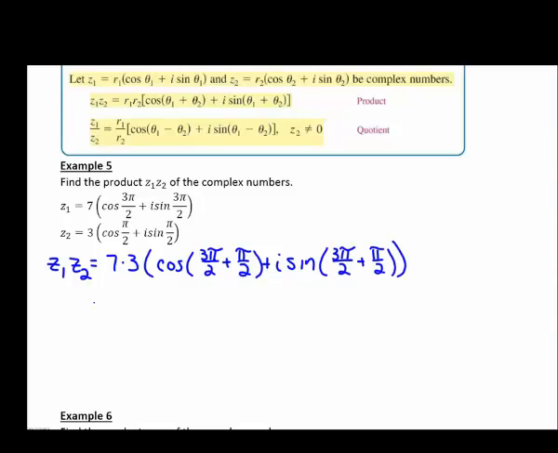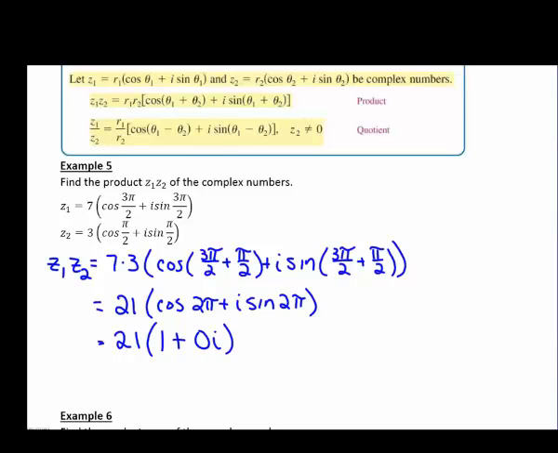And so we can multiply the 7 times 3 to get 21, and then we have cosine of 2 pi plus i sine of 2 pi. And then we can simplify that even further. Cosine of 2 pi is 1, and the sine of 2 pi is 0. So we end up with 21 as our answer.